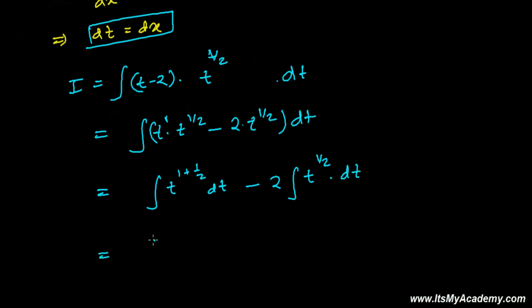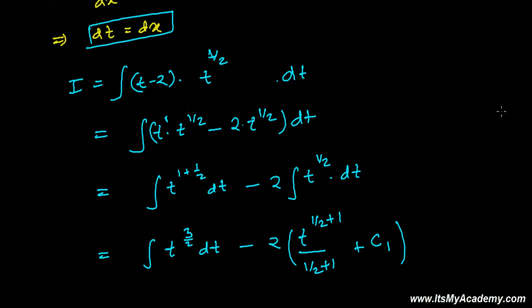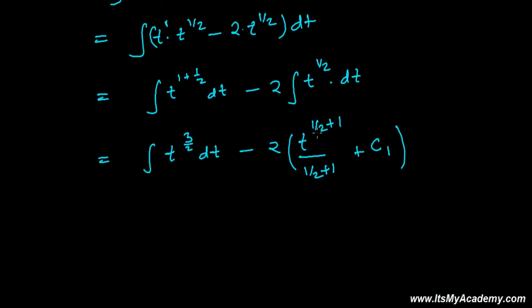And now the integration of t to the power 3 by 2 dt minus 2 times t to the power 1 by 2 dt. I can use the formula directly: t to the power n plus 1 divided by n plus 1, plus constant c1. I used the simple power rule of integration. You know that very well. If not, then comment and I'll explain it again.